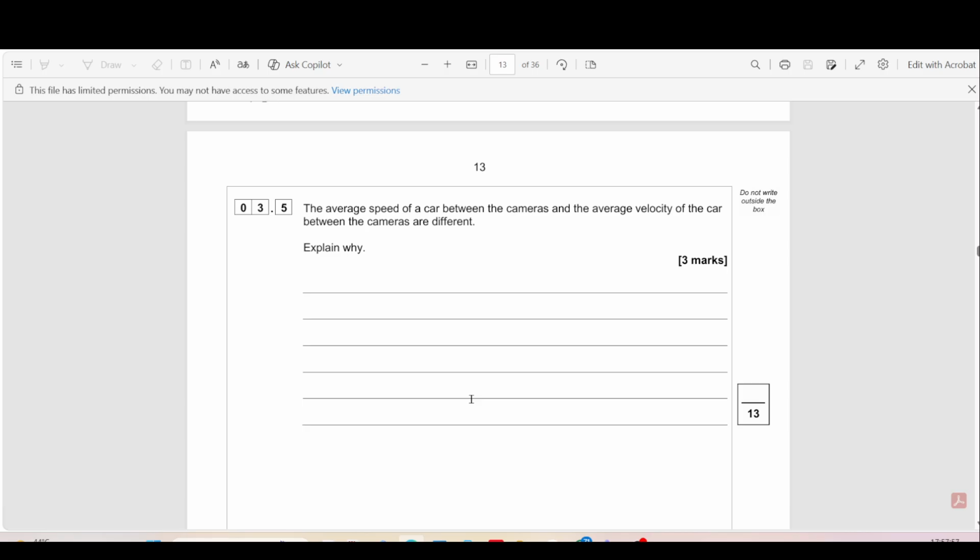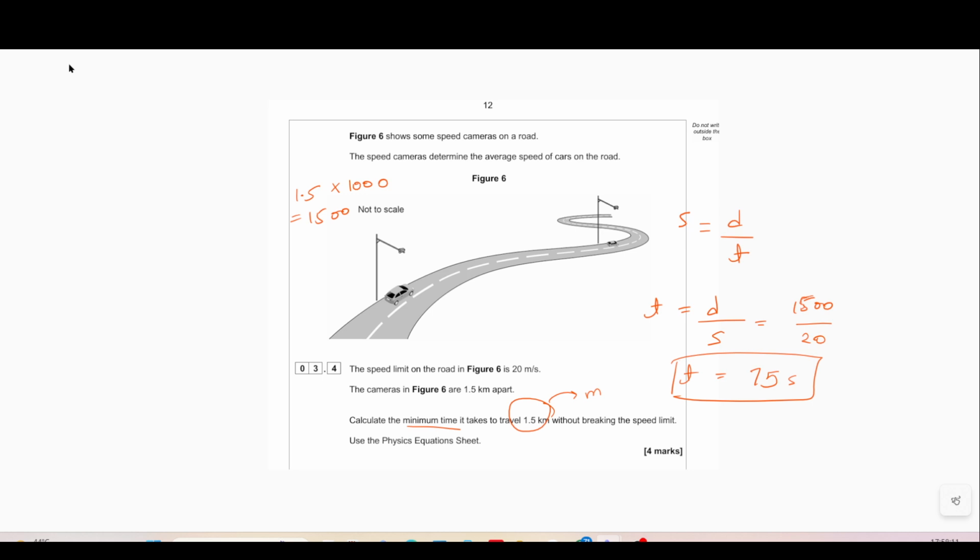Also the road is curved and it changes direction between two cameras. Because of the curve, the actual distance traveled along the road is greater than the displacement. Displacement is the shortest distance. When we talk about displacement, we talk about the initial and final point.